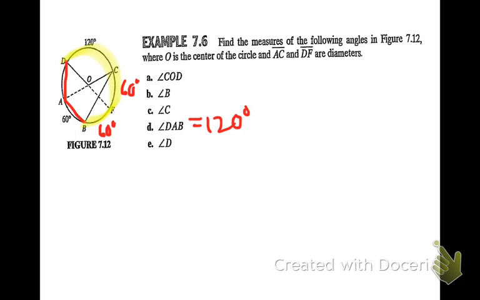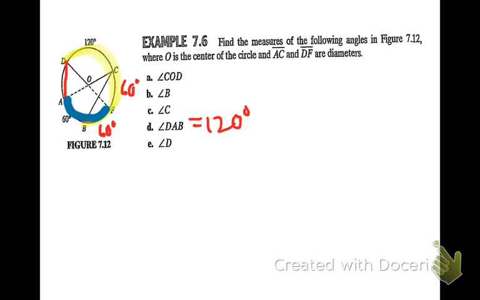What about angle D? What would angle D be? Adam, angle D, what's it going to be? How'd you get that, Adam? Because BF is 60. But angle D doesn't inscribe BF. Angle D inscribes this arc right here.